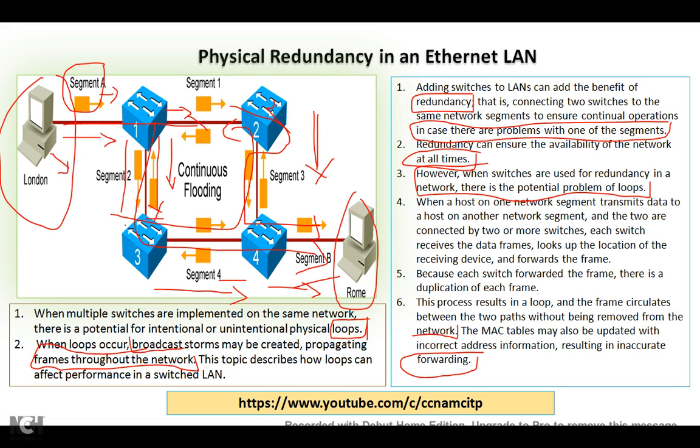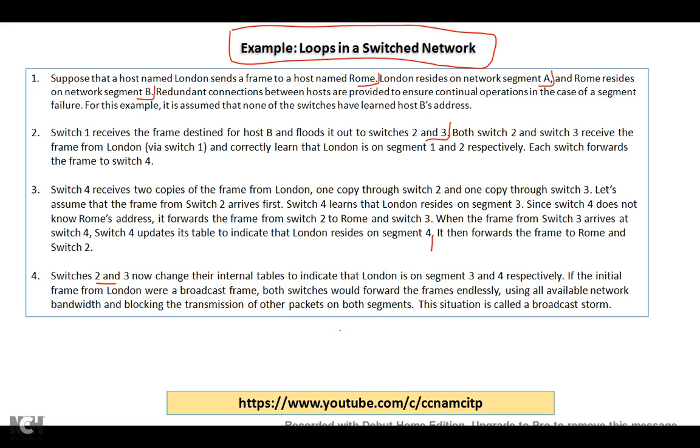Switch 2 and 3 are updating information about this segment: that London is in segment 4 and 3. So it is completely incorrect information, and it is misleading to both the switches, because London is in segment A, not in segment 4 and segment 3. So this loop is creating incorrect information and updating it to switch 2 and 3.